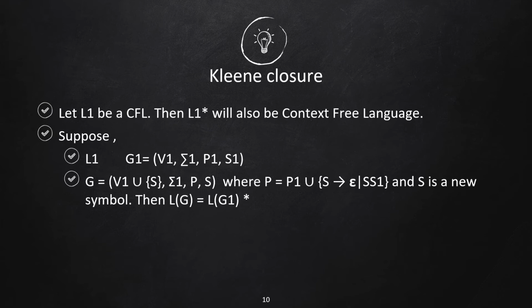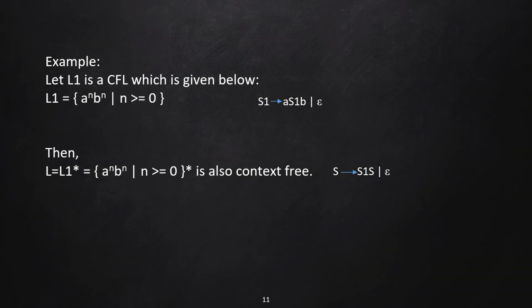Let us take an example for Kleene closure so that we can say that Kleene closure is closed for context-free languages. Taking the context-free language L1 = a^n b^n, where n is greater than or equal to 0. Here L1 has the corresponding production rule S1 → a S1 b or ε.